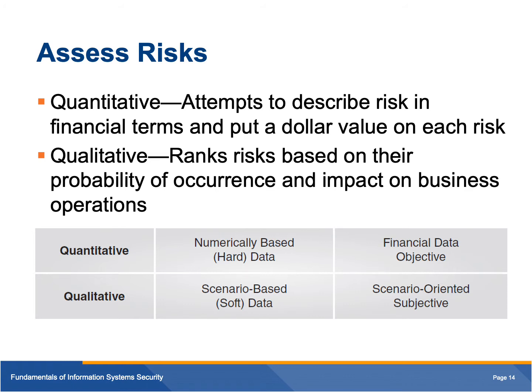That being said, there's also a lot of issues with numerically based quantitative approaches where you're assigning a dollar value to something. For example, assigning a dollar value to the impact. Because of all the biases that people have, they will tend to put a high dollar value subjectively on many things that concern them more.